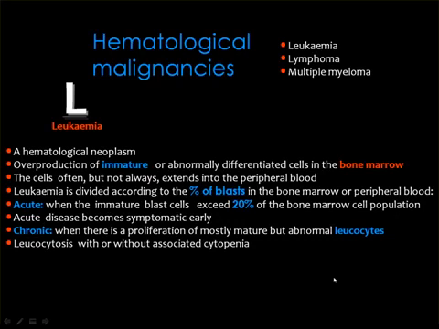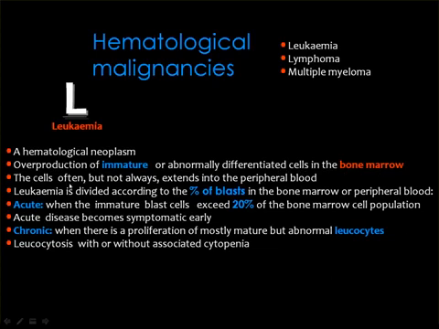Then we come to the hematological malignancies, and we have three: leukemia, lymphoma, and myeloma. Leukemia is one of the well-known hematological neoplasms, and it results from the overproduction of immature or abnormally differentiated cells in the bone marrow.